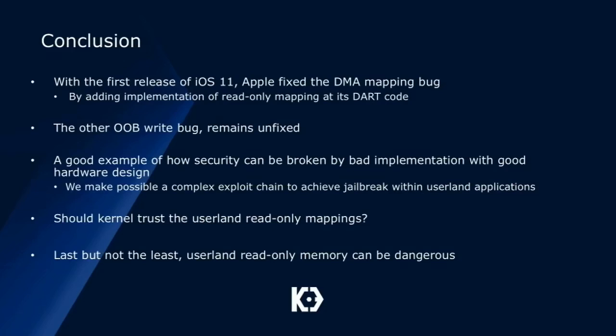Of course, currently there is no definite answer because I don't have another way to break that trust boundary. But at least in this talk, we demonstrated that the userland read-only mapping can be dangerous. It is possible that in the future, another bug is introduced and breaks this trust boundary again, and we make the whole exploit chain work again. It's very likely, and we never know at this moment.